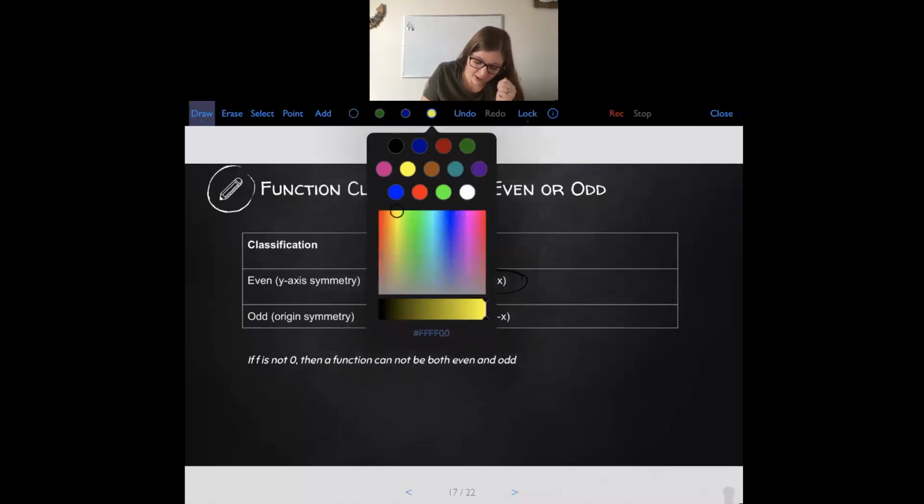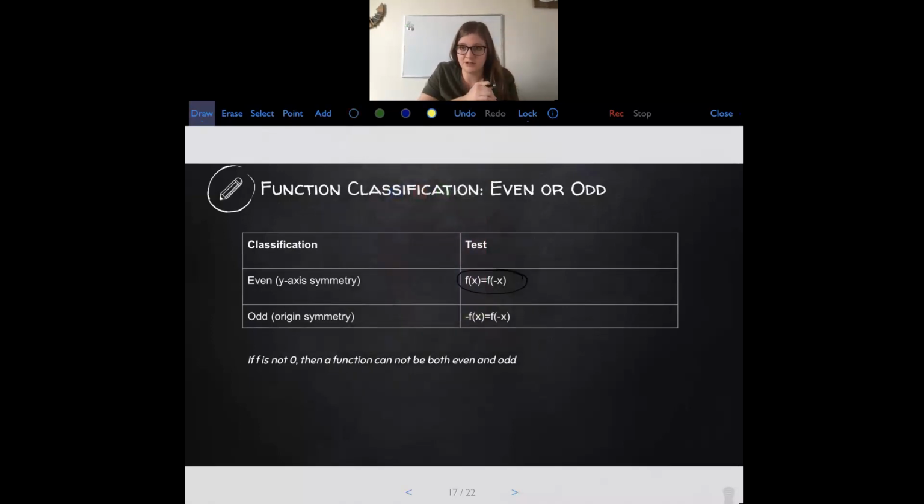Okay. Odd means that the function is symmetric about the origin. So again, with the functions that we determined had origin symmetry visually or by replacing y with negative y and x with negative x, you can also classify those as odd functions, as long as they're functions. So what we do is we still find f of negative x, that means we replace every x with negative x, and we compare it to negative f of x.